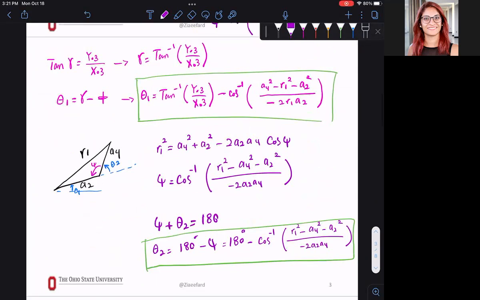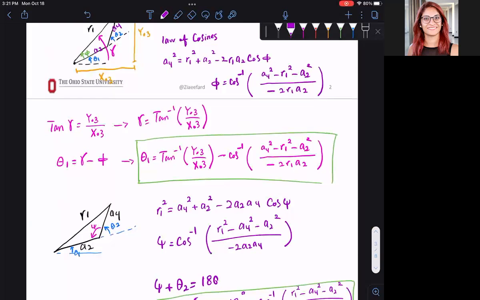Whenever you're using tangent inverse, there are multiple solutions, right? Because the tangent inverse of x and y is equal to the tangent inverse of negative x and negative y. So you can use atan2 of x and y in MATLAB to get the two-argument solution.